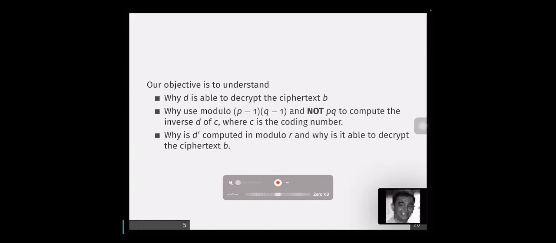Okay, so what's the objective of us learning this? Okay, guys, it's really hard to appreciate things if you don't know what's happening. But sometimes you can take another route, which is to take it by faith.